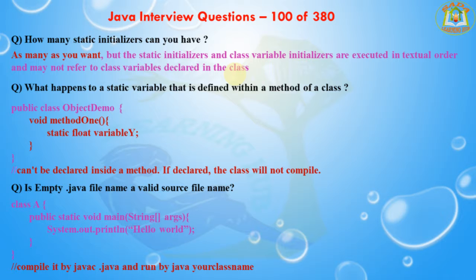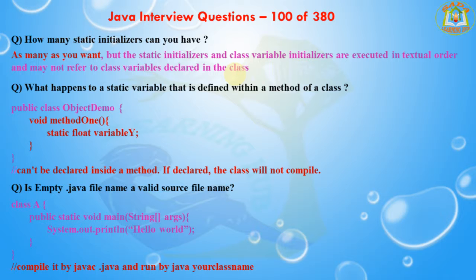Let's take an example. Here I am creating a class, class A. Now I am saving this source file as sada learning hub.java. Whenever we are compiling this class, we use javac sada learning hub.java.